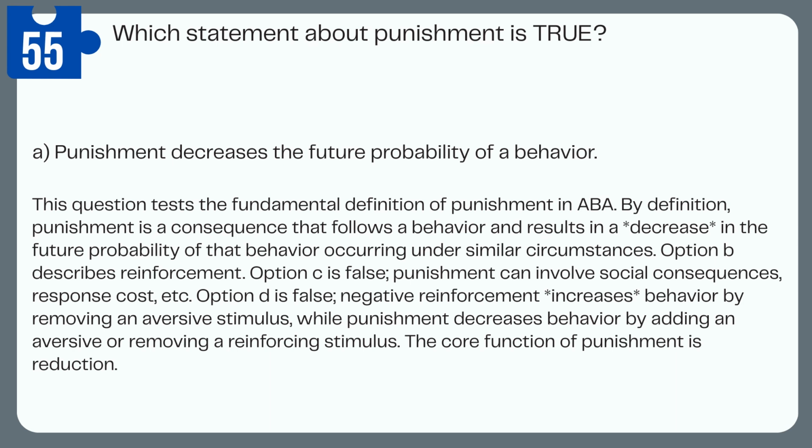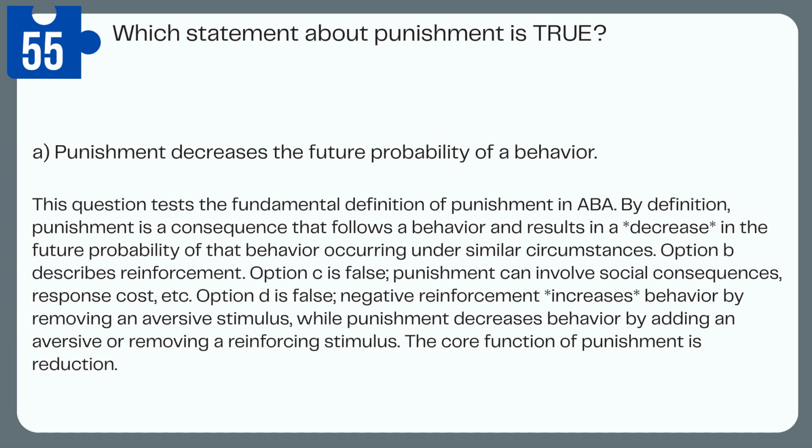Answer: A. Punishment decreases the future probability of a behavior. This question tests the fundamental definition of punishment in ABA. By definition, punishment is a consequence that follows a behavior and results in a decrease in the future probability of that behavior occurring under similar circumstances. Option B describes reinforcement.